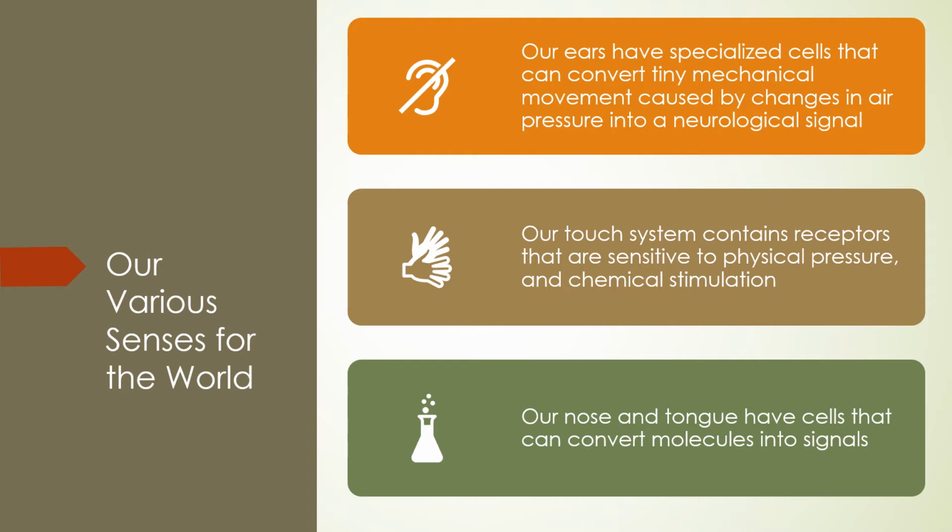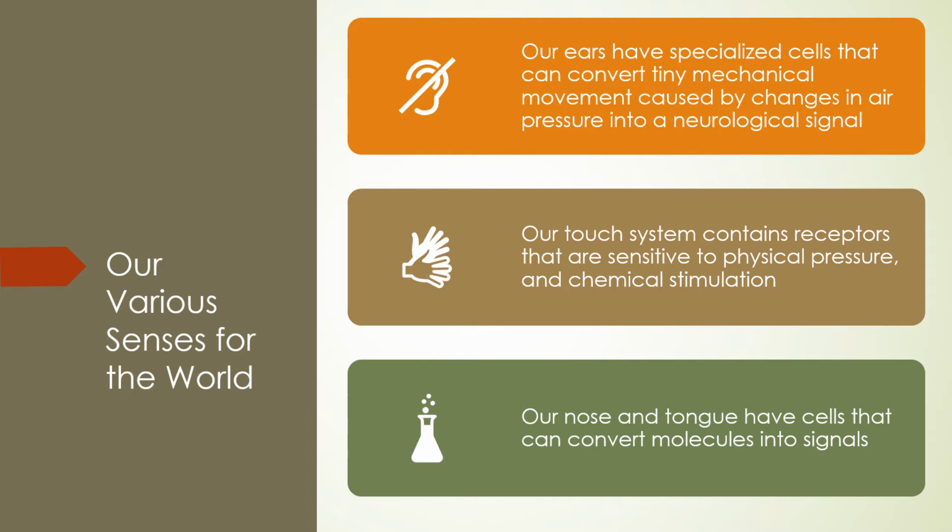We also have really cool sensory cells on our tongue and our nose that are actually sensitive to different molecule combinations. And their ability to pick up on a wide array of different molecule combinations and distinguish between subtle differences within them is still something that we're tinkering with and trying to understand today.